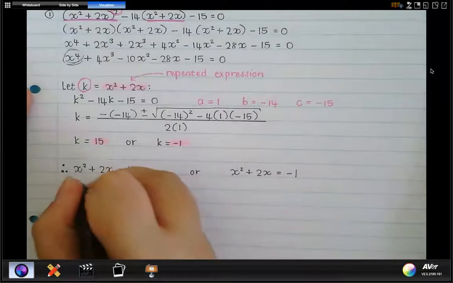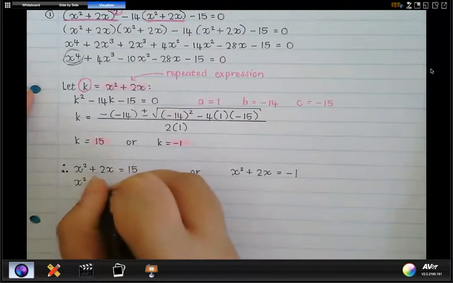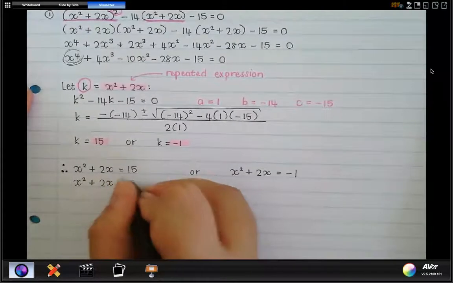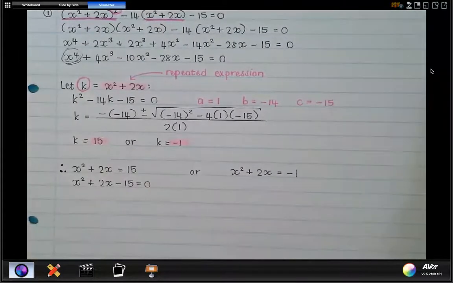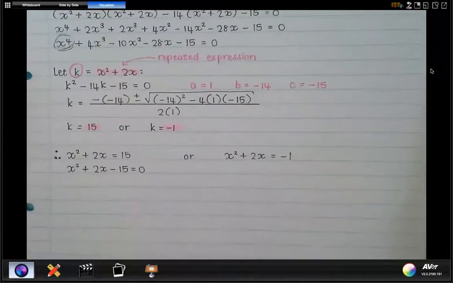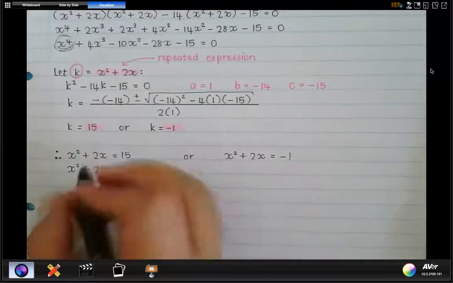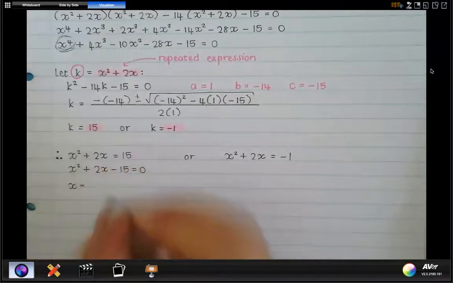I'm going to do the first one together. So say x squared plus 2x. You need to move this 15 over. Remember, for a quadratic equation, we need everything on the one side equal to 0. So I'm doing that there. Again, you can factorize if you want to, or you can use the quadratic formula.